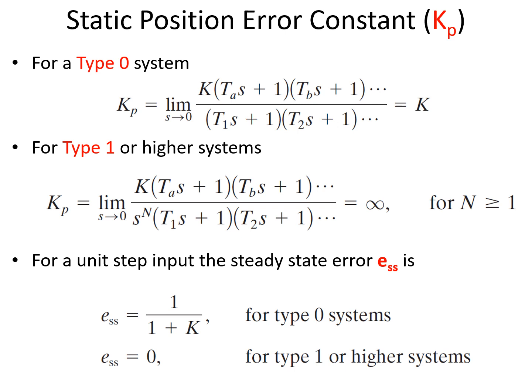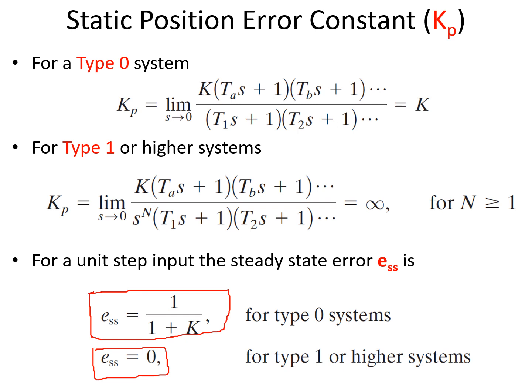Now coming to the steady state error for these types of systems, the steady state error for a type 0 system is 1 divided by 1 plus k. This expression is the error for your type 0 system, and for a type 1 system, ESS is equal to 0, because ESS is equal to 1 divided by 1 plus Kp.